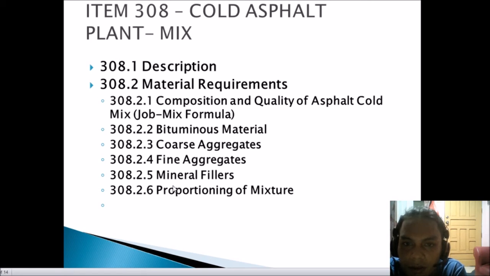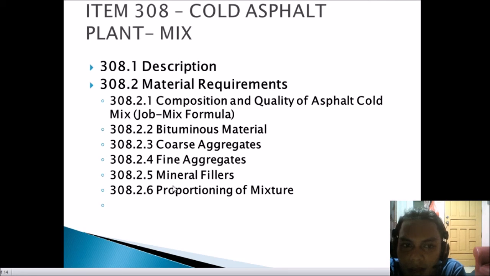So the material requirements: 1, composition and quality of asphalt cold mix, GFC formula. Then 2, the bituminous material. It shall be either liquid cutback asphalt or emulsified asphalt. So next is the coarse aggregates. The coarse aggregate shall conform to the applicable requirements of Item 703 or AASHTO specification M79.